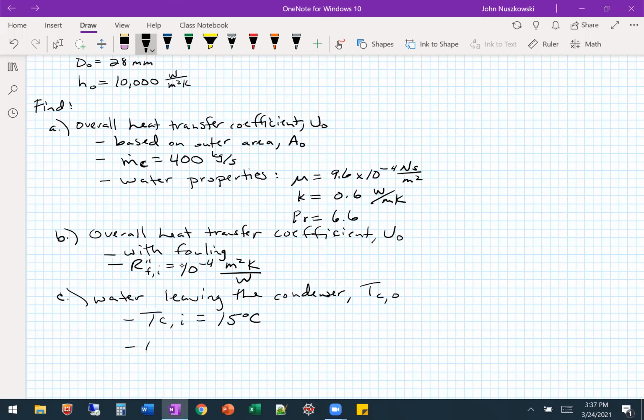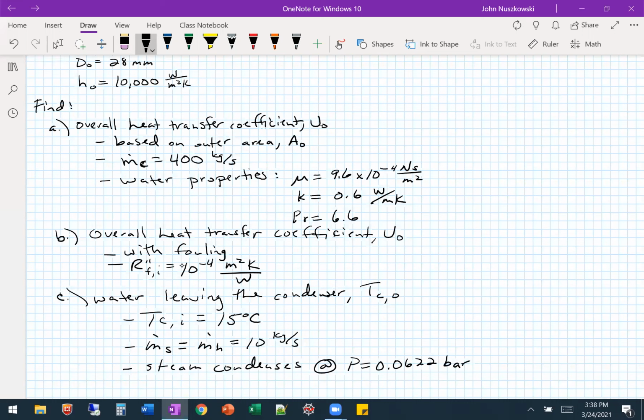They give us the mass flow of steam, which is the hot side, which is 10 kilograms per second. And they say the steam condenses at a pressure equal to 0.0622 bar. And then last, the water has a Cp of 4,180 joules per kilogram Kelvin.